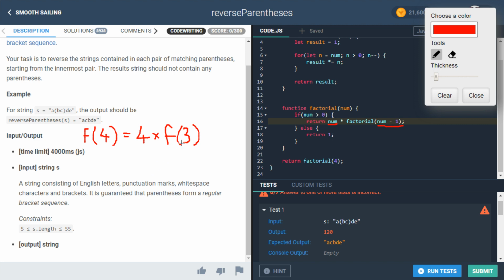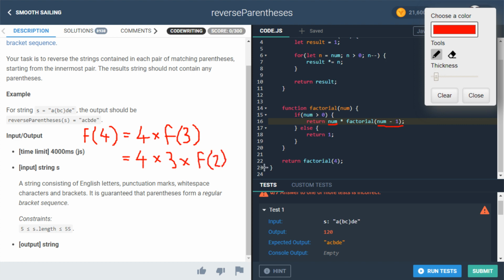There we go. But f at 3 is going to be pretty similar to this. It's going to be 3 times f at 2. So this is the same as 4 times, and we'll replace f at 3 with 3 times f at 2.